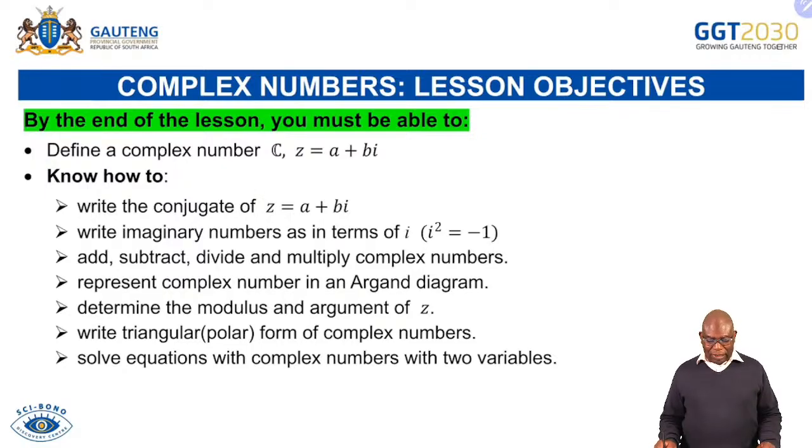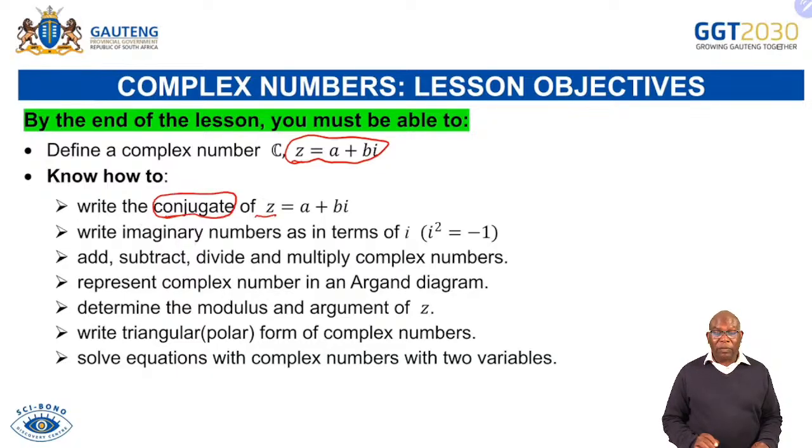By the end of the lesson, you must be able to do the following. You must know that this is the way complex numbers are written. You must know which one is the real part and which one is the imaginary part. We must be able to write the conjugate of this, and sometimes they love this question. You must be able to read the question and understand what the conjugate is.